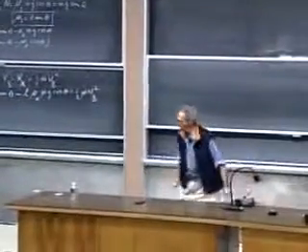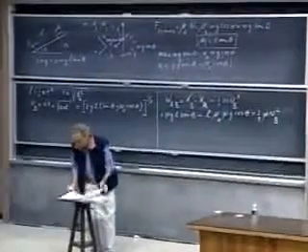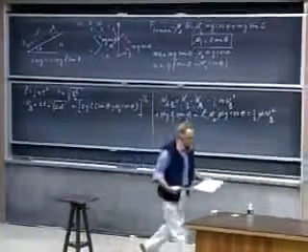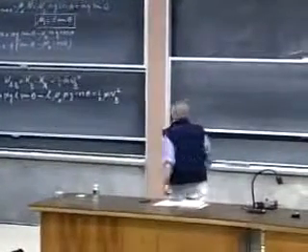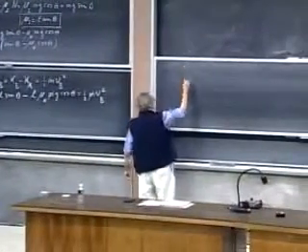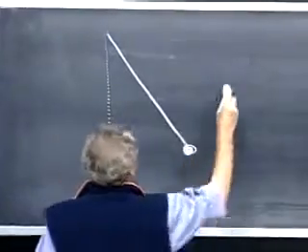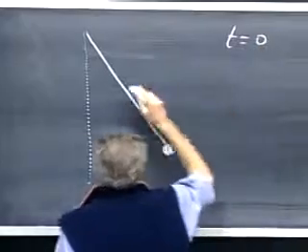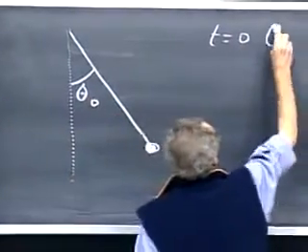All right, so let's continue now on another subject, and the one that I want to talk to you about now is the pendulum. I have a pendulum, and at time t equals 0, this angle is theta 0, and I know what that angle is.